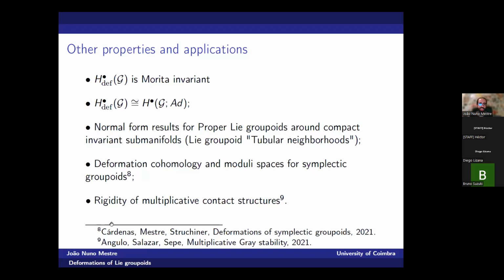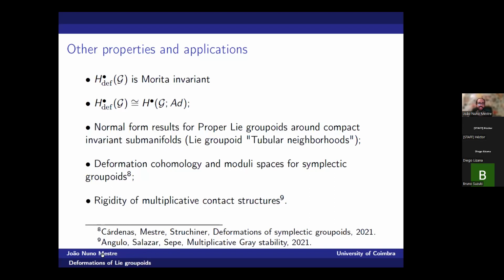And recently, together with Ivan Struchiner and Christian Cárdenas, we developed some deformation cohomology and studied the moduli space a little bit of symplectic groupoids, so groupoids compatible with a multiplicative symplectic structure. In a similar vein, there's a study of the deformations of multiplicative contact structures, so Lie groupoids with a contact structure.